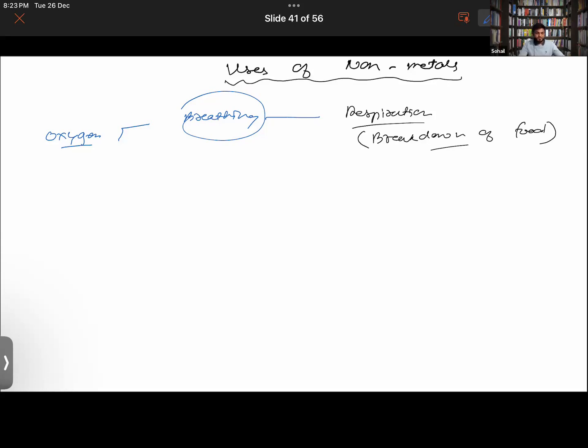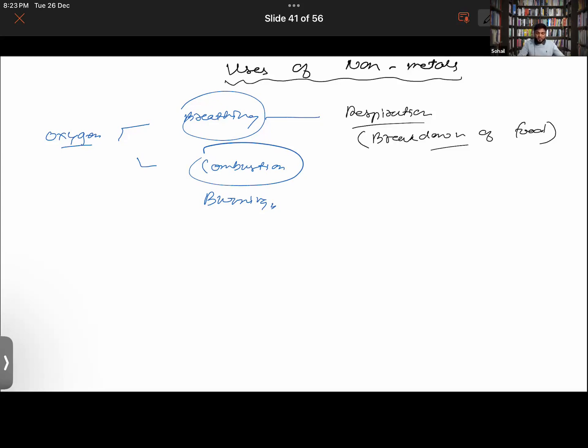Apart from that, it helps in the process of combustion also. Combustion basically क्या है? This is basically burning. ठीक है, तो combustion में भी oxygen का बहुत ज़्यादा important role है, right? So that's why you might have seen if there's a fire breakout somewhere, then we make sure that whatever is burning, you need to cut the oxygen supply to that burning thing.